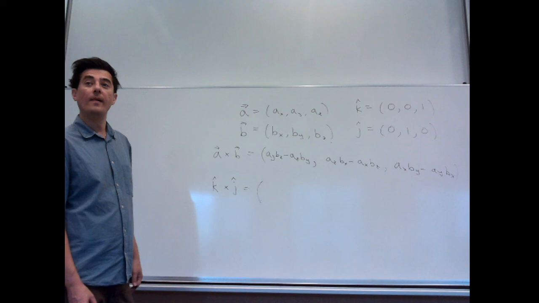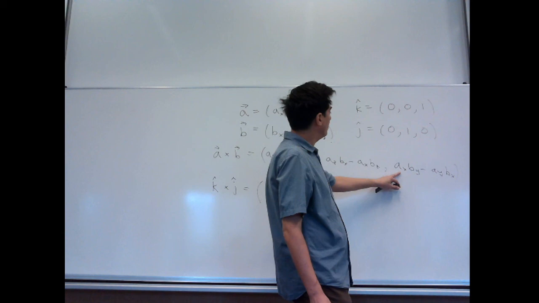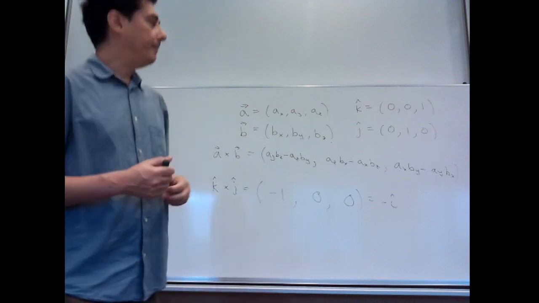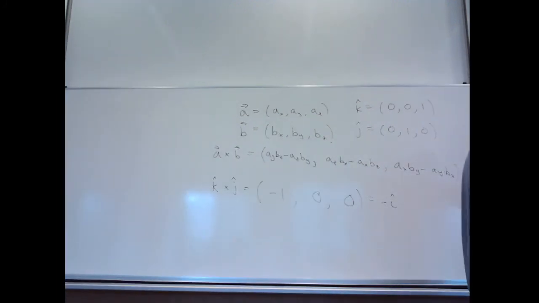So that's just 0. And this one is AXBY, so what's that? 0, yeah. AYBX, also 0. So this one's 0. In other words, this is minus 1, 0, 0. In other words, it's minus i. And that's what's written there. So k times j is minus i.